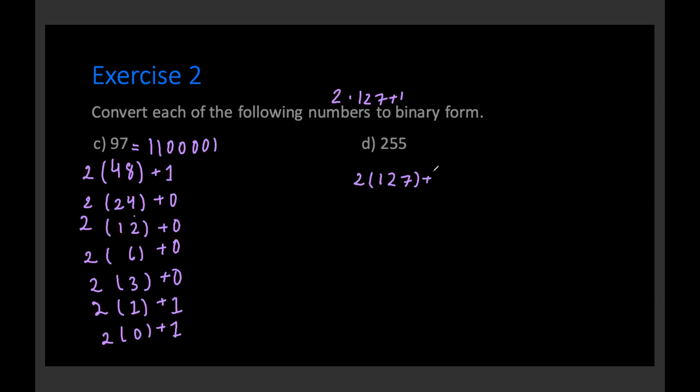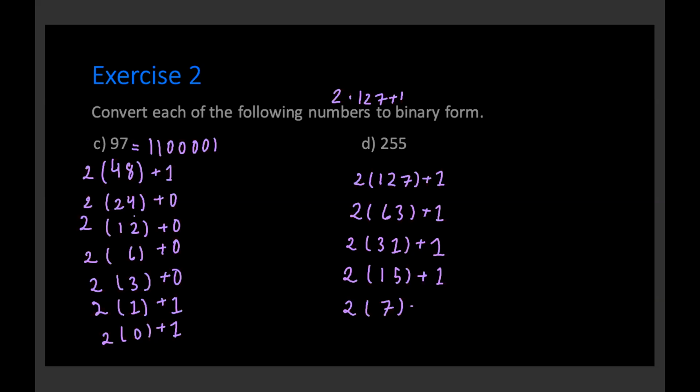Write it down here. 2 times 63 plus 1. 2 times 31 plus 1. 2 times 15 plus 1. 2 times 7 plus 1. 2 times 3 plus 1. 2 times 1 plus 1.